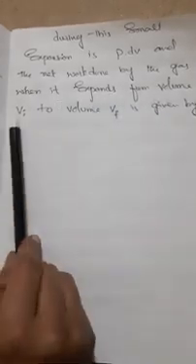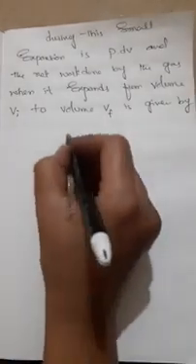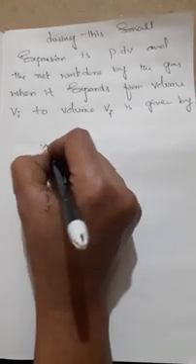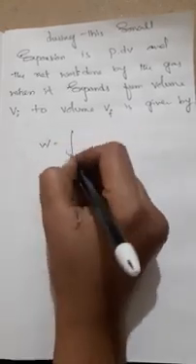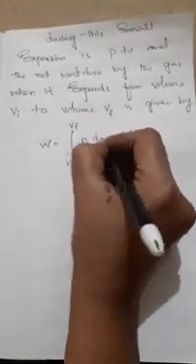And the net work done by the gas when it expands from volume Vi to volume Vf, as I just told you, requires integration whenever you calculate the whole work done. So total work done W is equal to the integral from Vi to Vf of P dV.